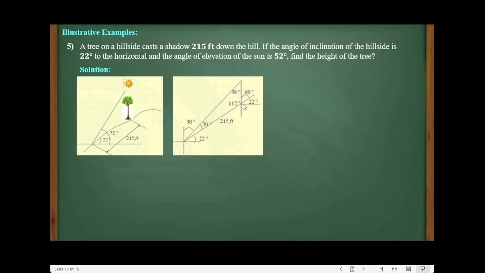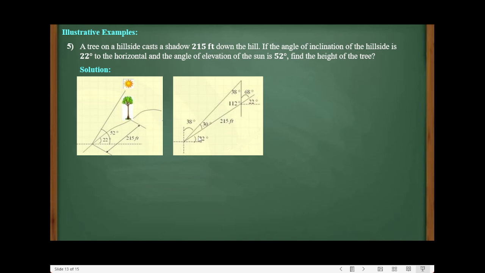Now, if we're going to project our horizontal broken line, you will notice that this broken horizontal line here is parallel to this horizontal broken line also. And we know that from the principle of parallelism, if parallel lines are cut by the transversal, therefore these two angles are congruent and we call them corresponding angles.